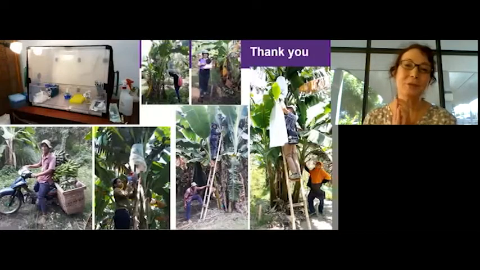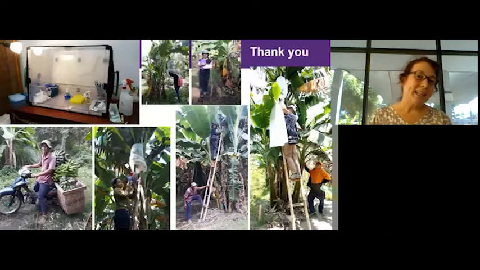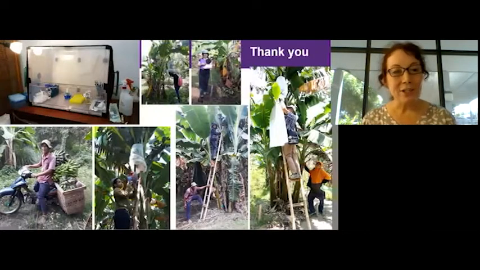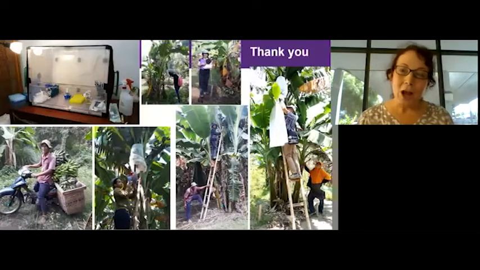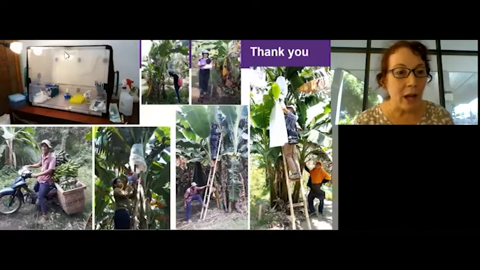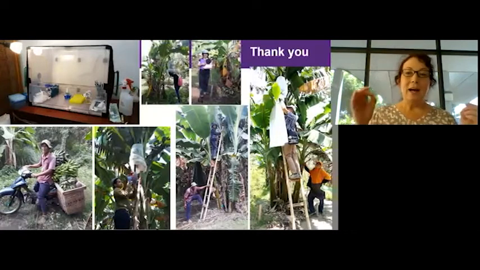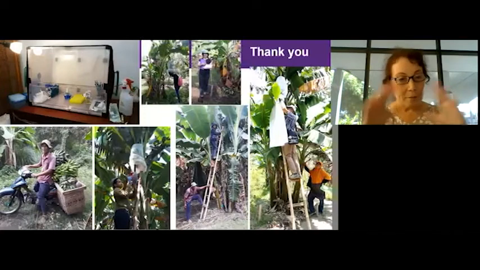I just wanted to say it was certainly a great experience working in Indonesia, and I wanted to show you a couple of shots. The field trial site was several hours south of Gajah Mada University, where I was based. I made this sterile cabinet from a big plastic box and perspex.